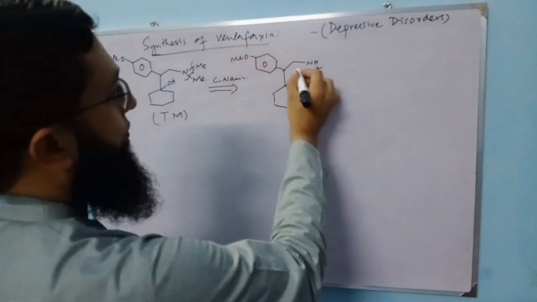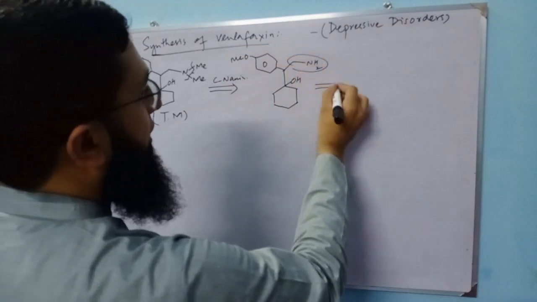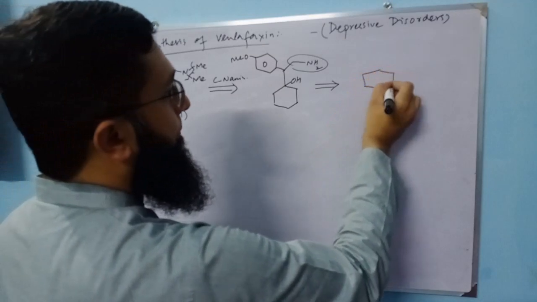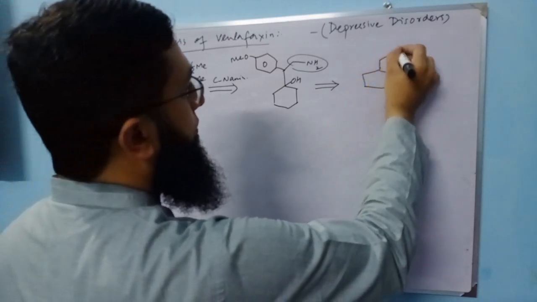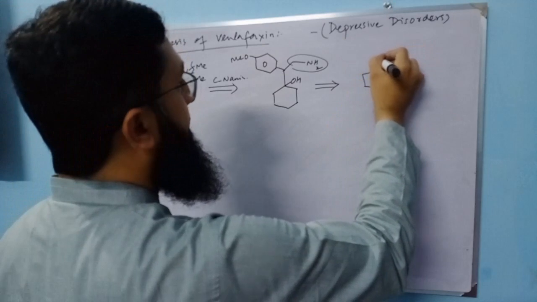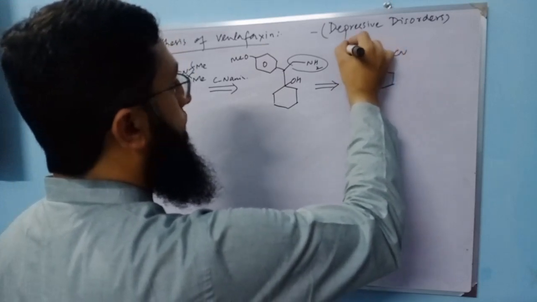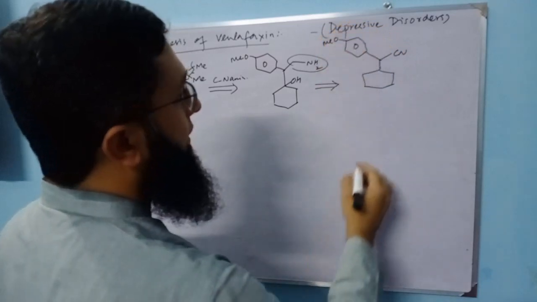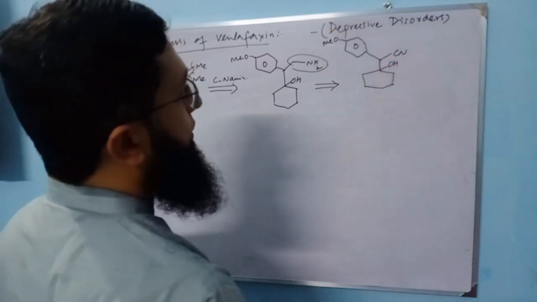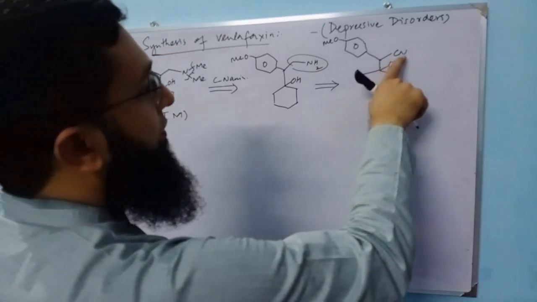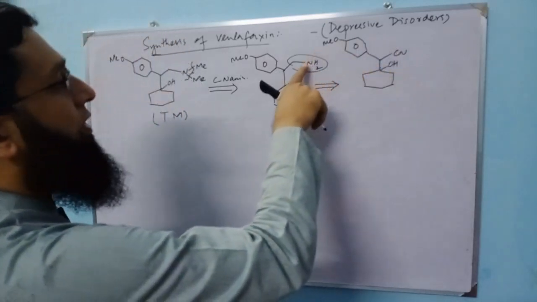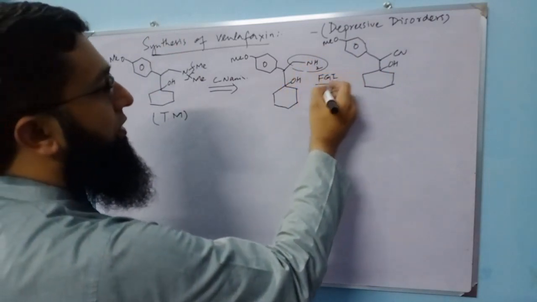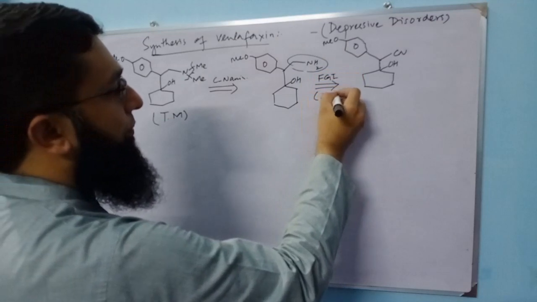And this functionality, as we explained earlier, can be obtained using the corresponding nitrile, with the methoxy group and OH. So the process in which a nitrile can be converted into the corresponding amine is FGI, functional group interconversion, and it is reduction.